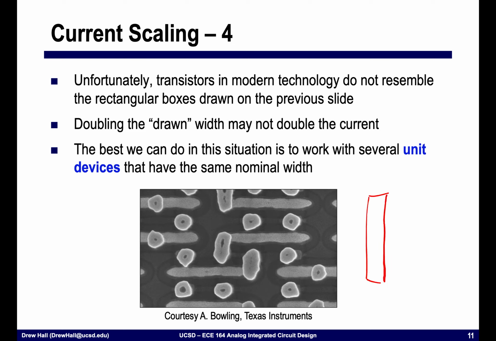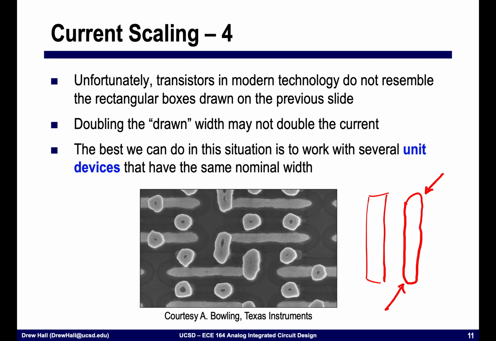If I was to draw a transistor versus what it actually looks like, it's really the rounding of these edges and these corners: doubling the width doesn't result in twice the area of the transistor.